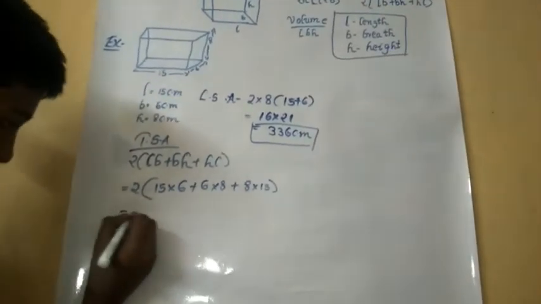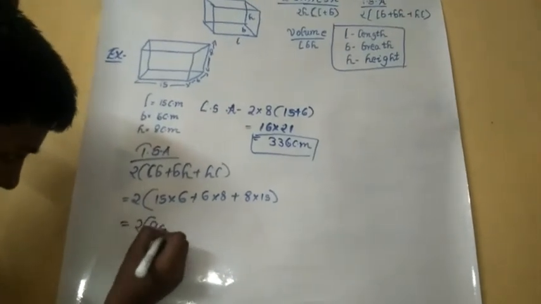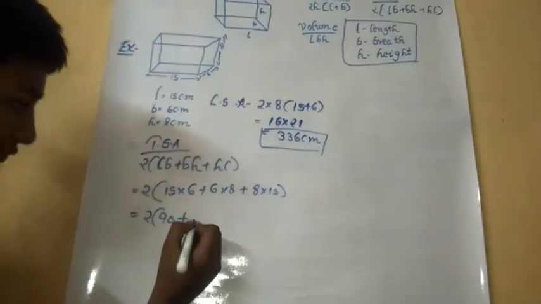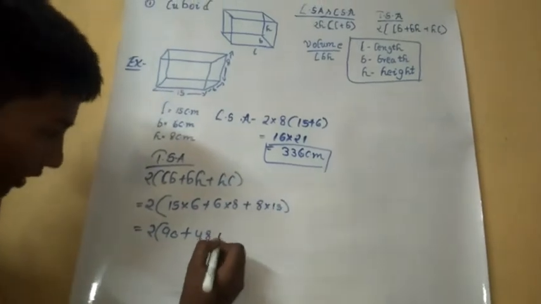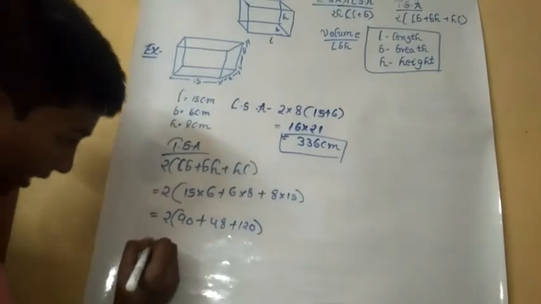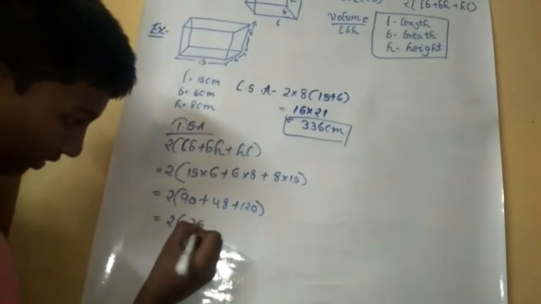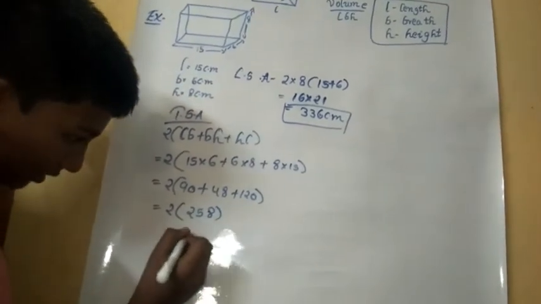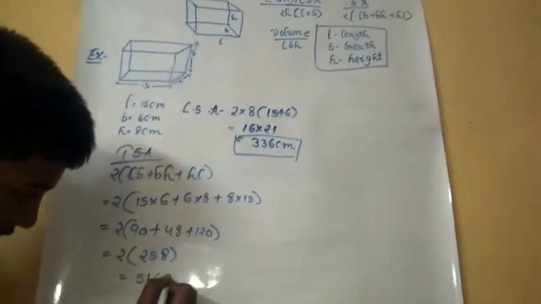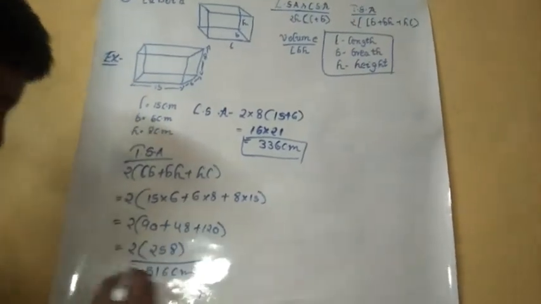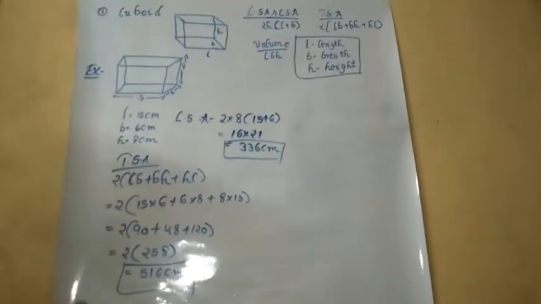We get 2 into (90 plus 48 plus 120). By adding these we get 258. This is 2 into 258, and we will get 516 centimeters squared. So this is the TSA of this cuboid.